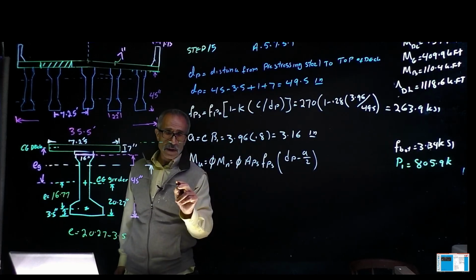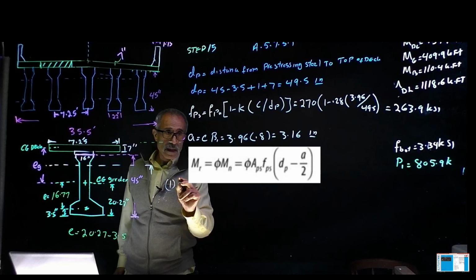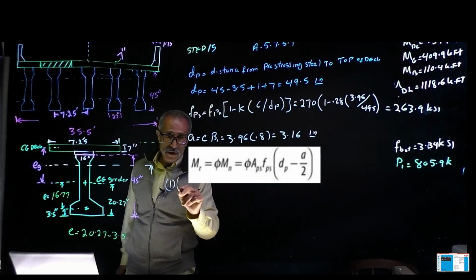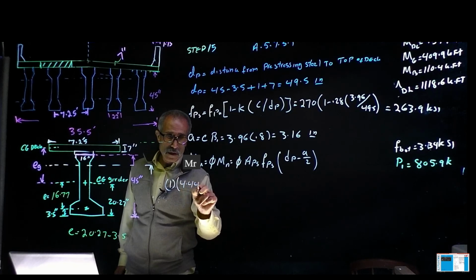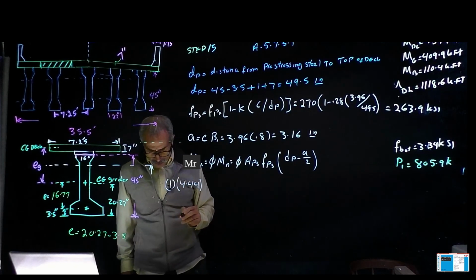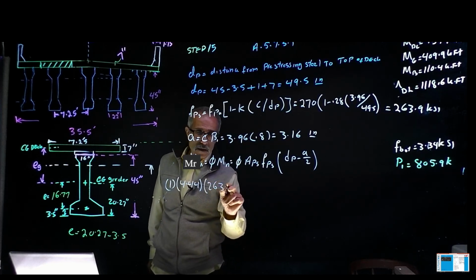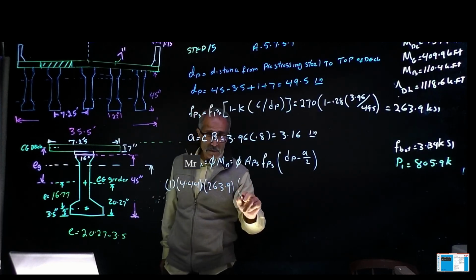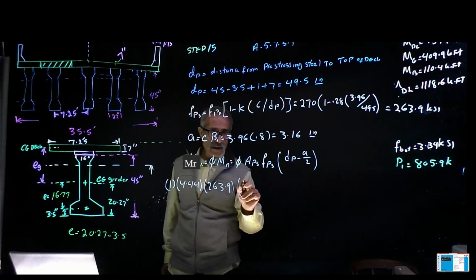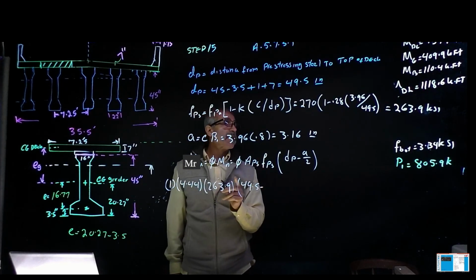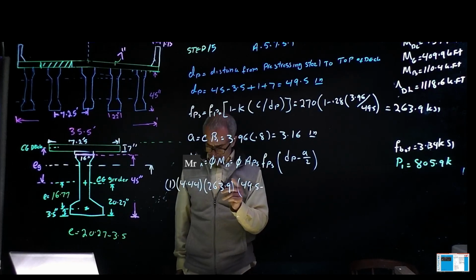Phi is 1 here, so 1 times A_ps was 444, then f_ps was 263.9, and then d_p was 49.5 minus a was 3.16 divided by 2.